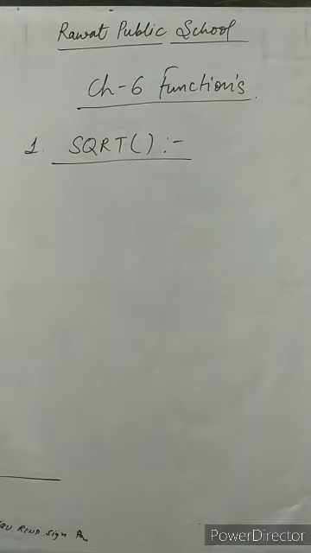This parenthesis is strictly required with the function, as we provide the argument or parameter values in it. Sqrt is the first numeric function in MySQL, which is used to get the square root of a given number.